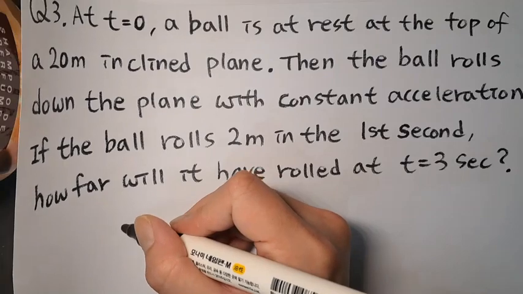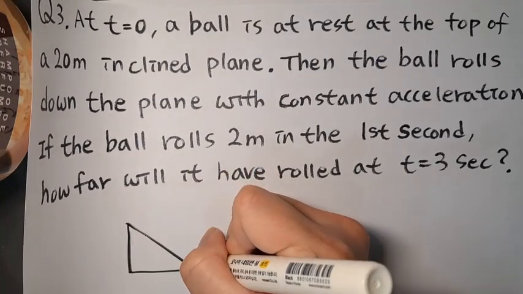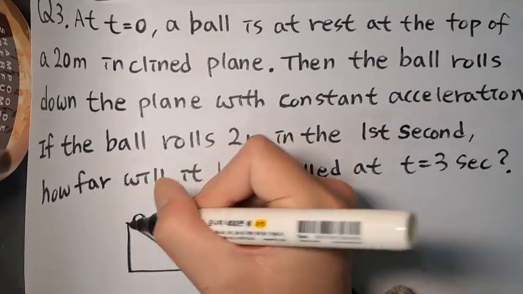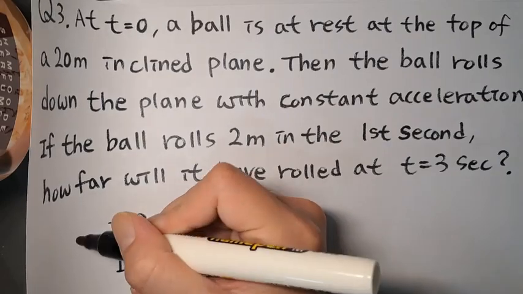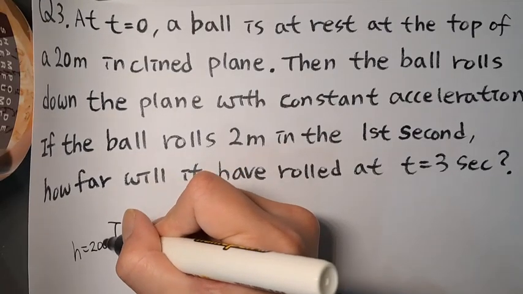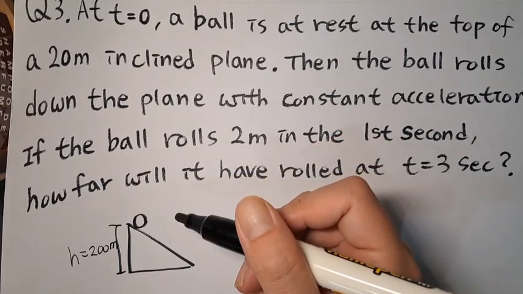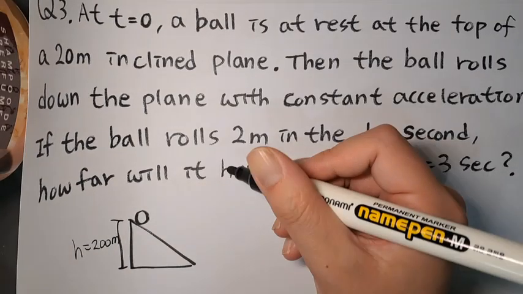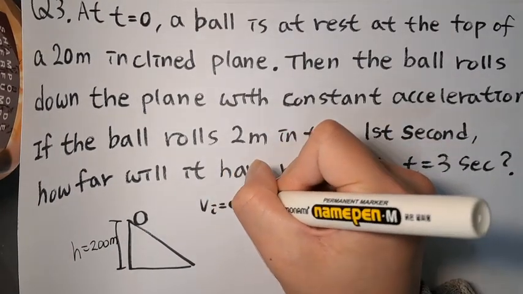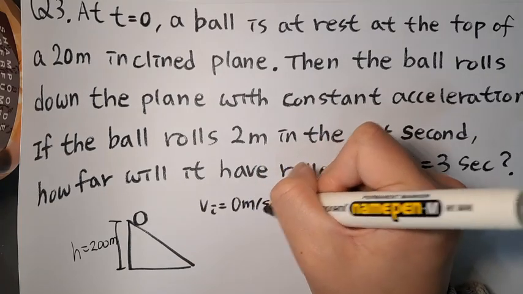So this is the ball. And the initial velocity is going to be this.